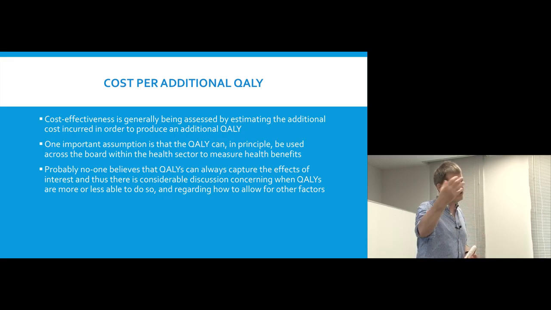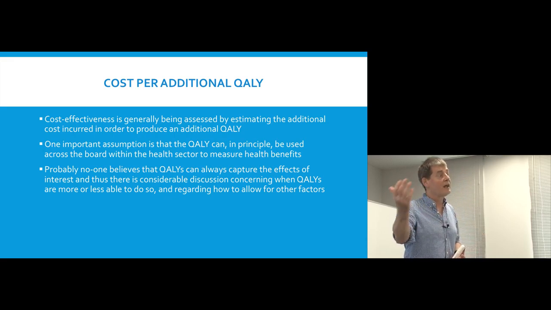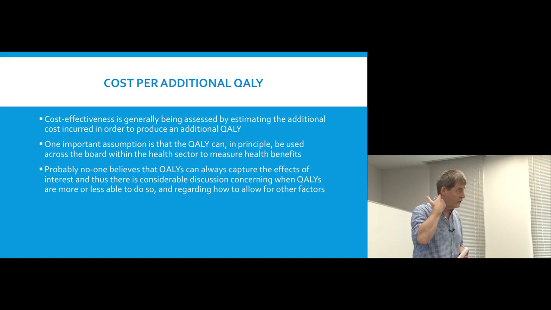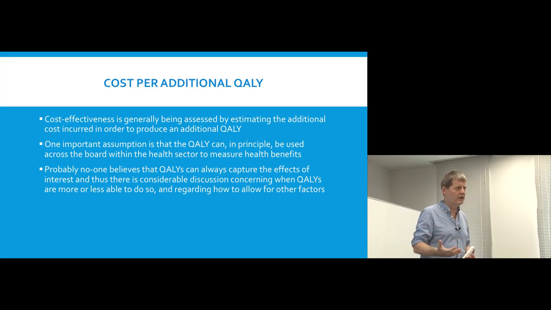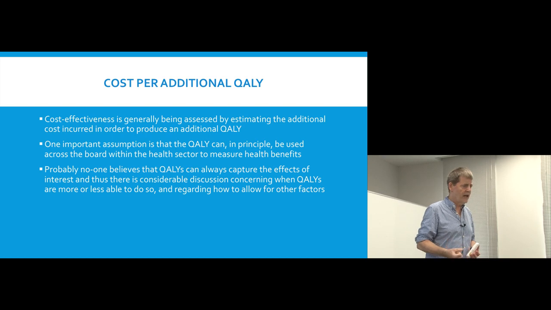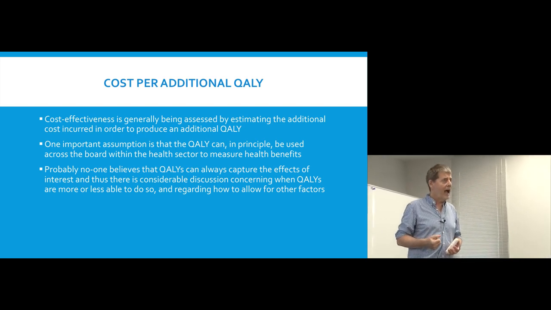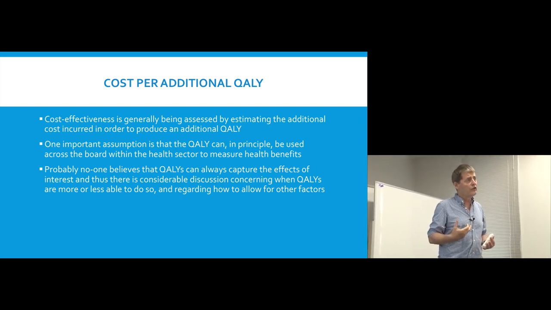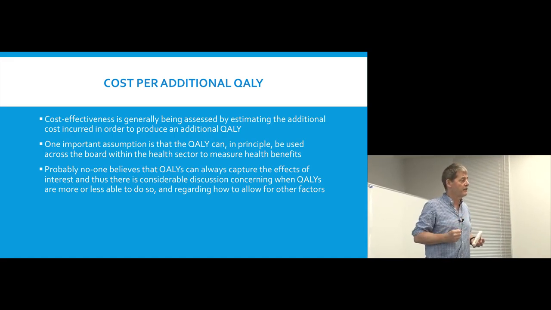So the cost per QALY gained is an important aspect of most decisions, but it's surely not our only concern. And so the issue arises, how should we take into account the other factors that we want to influence our decision? I'll give some examples of that in the latter half of this lecture.